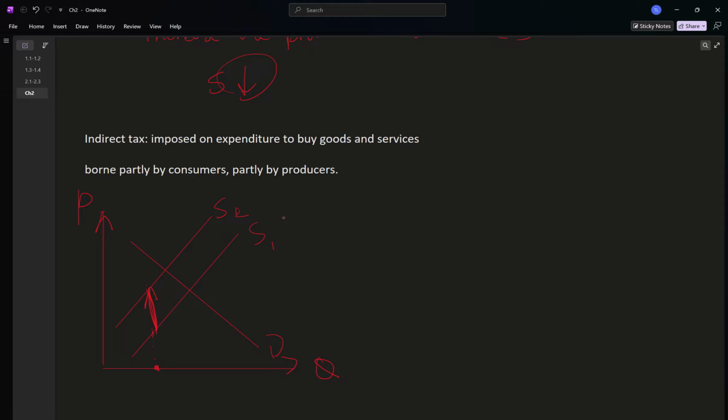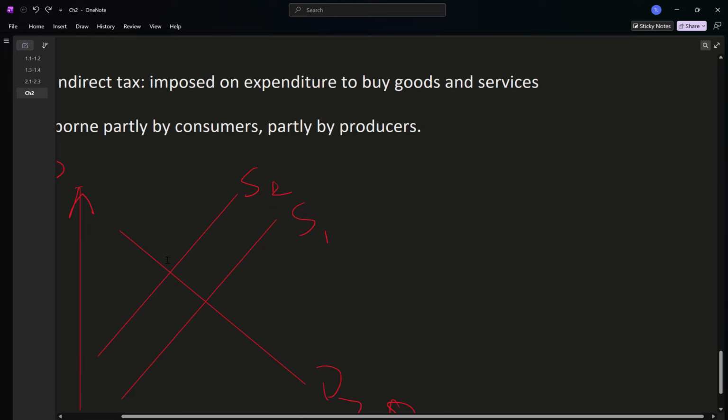This more is actually the tax, because for one unit you have to pay this more per quantity. This vertical difference is the tax.